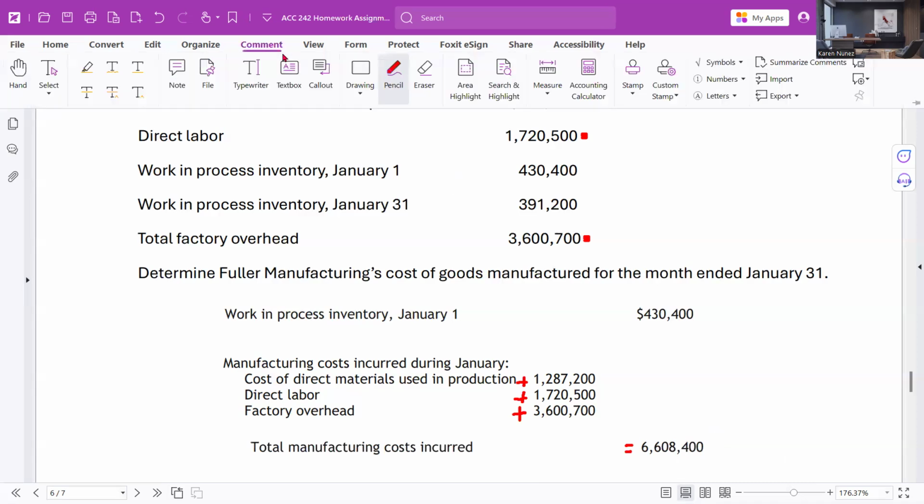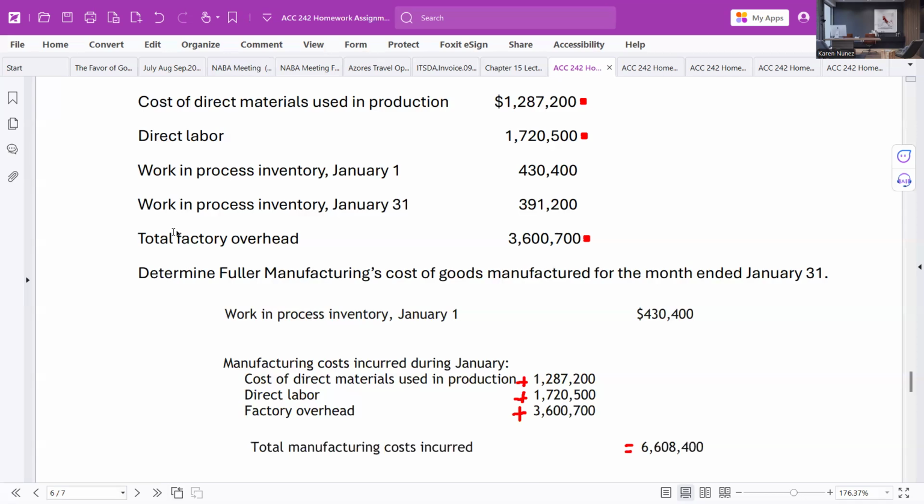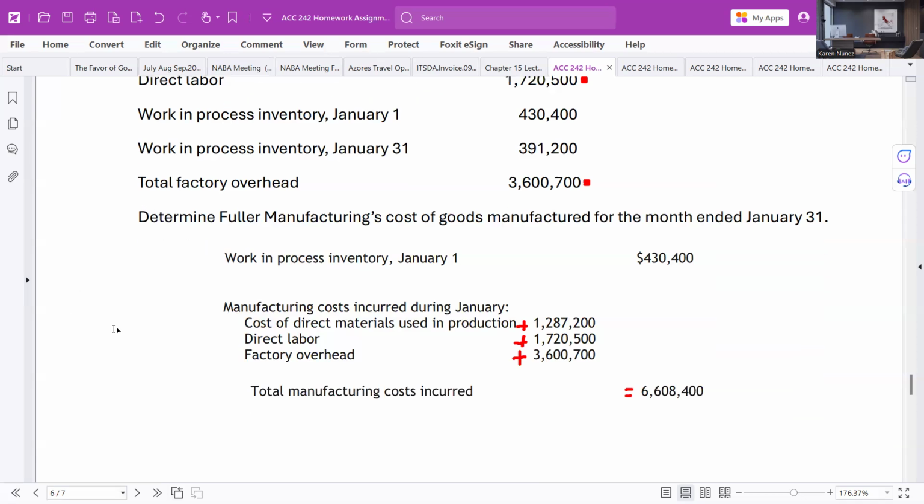Well, that's going to give us what's available, right? We don't call it what's available, but what we call it is the total manufacturing costs. It's the total of everything that we have in that work in process account.